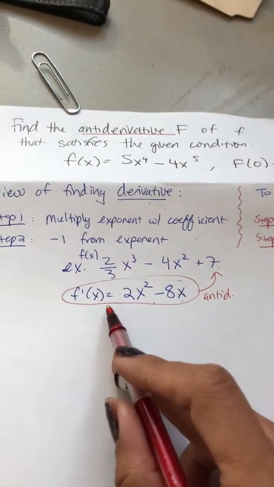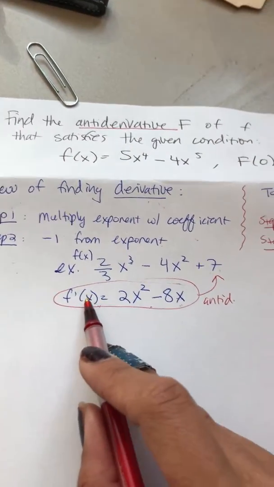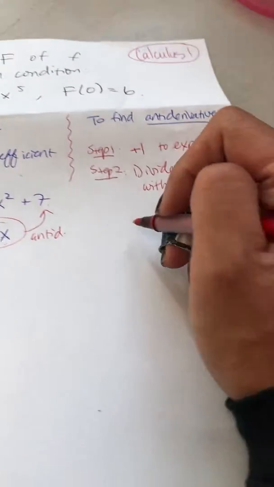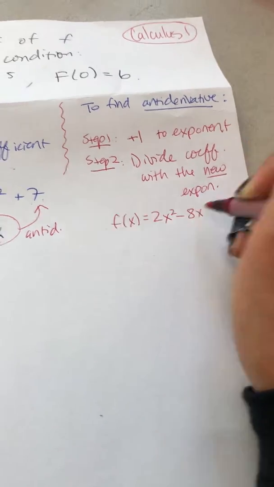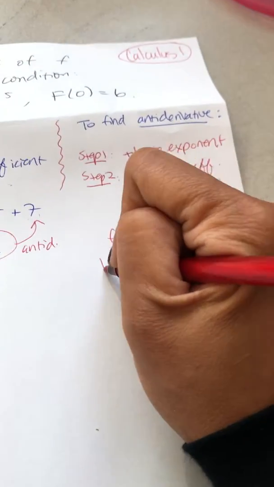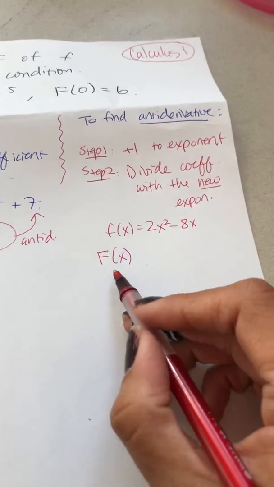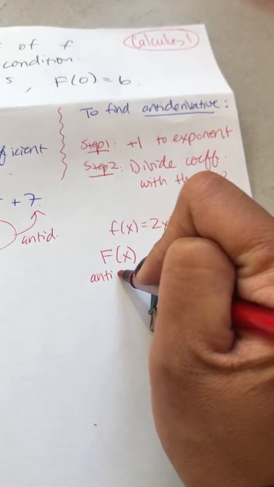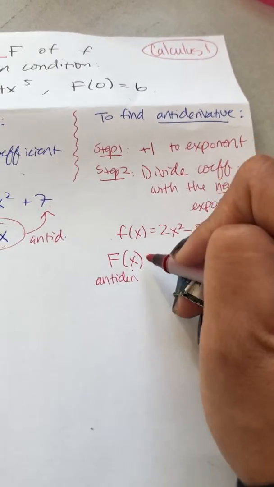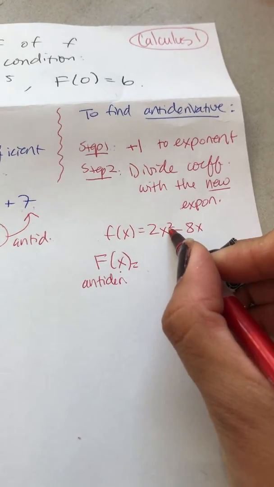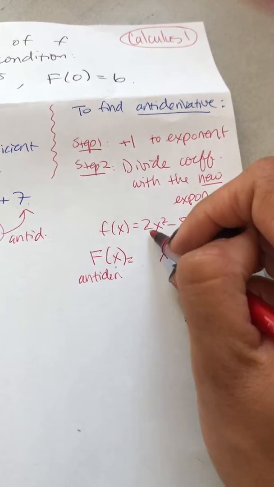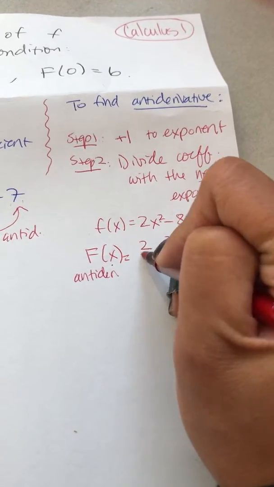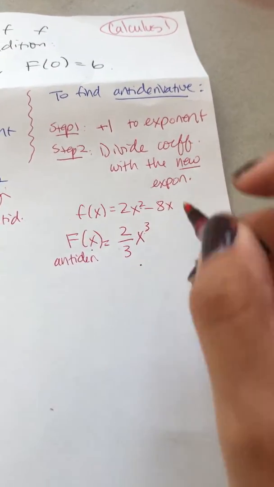For an example, say f of x is equal to 2x squared minus 8x, and I want to find the antiderivative of this. The antiderivative is labeled as capital F. I'm going to add 1 to the exponent, so I have x to the third, and divide by the new exponent, so 2 divided by 3 gives me that.